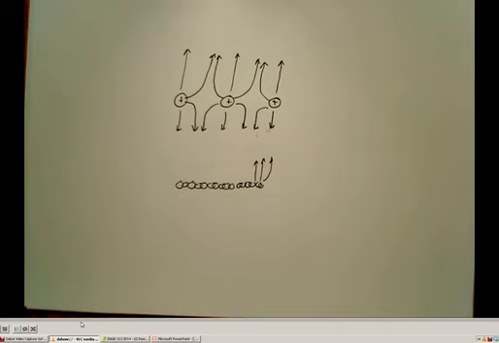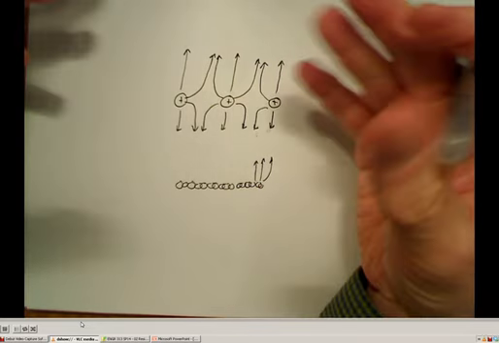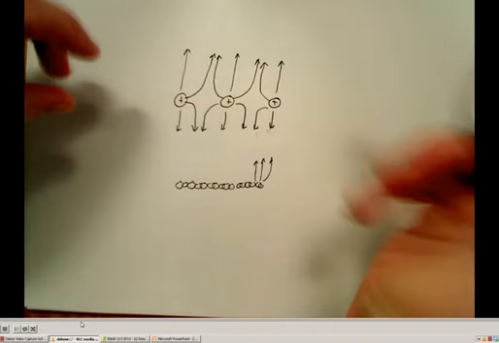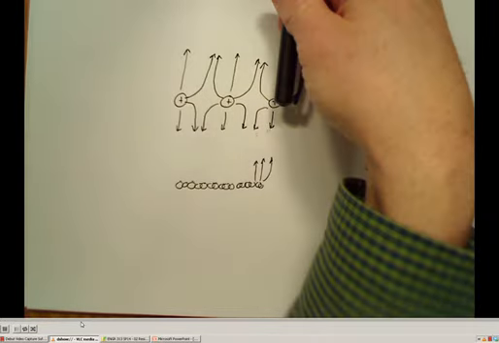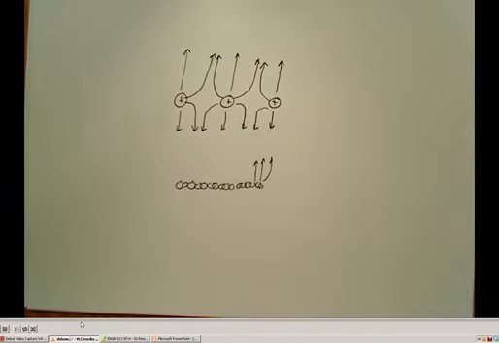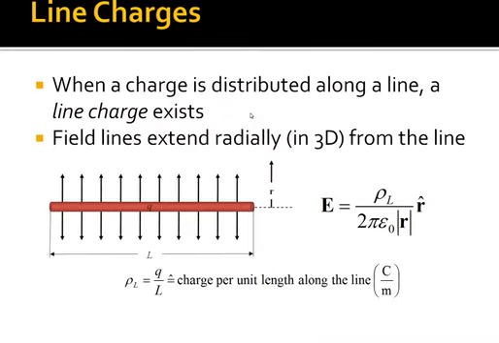Remember that the field lines are radiating out in all directions, going up and all the way around radially. That creates for us this concept of line charge.